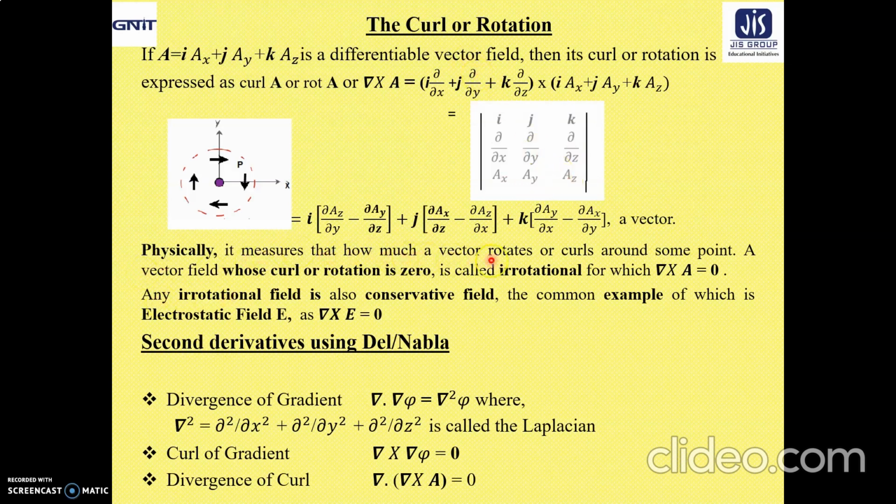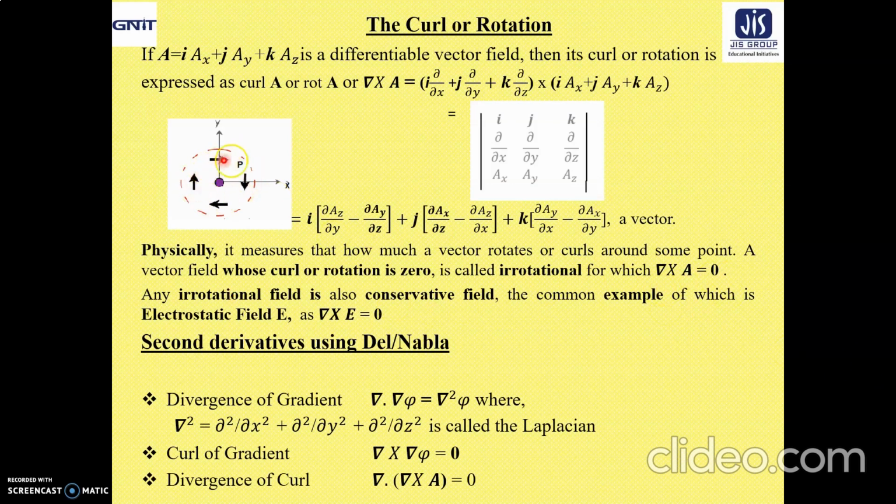Physically, it means how much a vector rotates or curls around some point, say P here. Obviously, a vector field whose curl or rotation is 0 is called an irrotational vector, for which del cross A equal to 0.